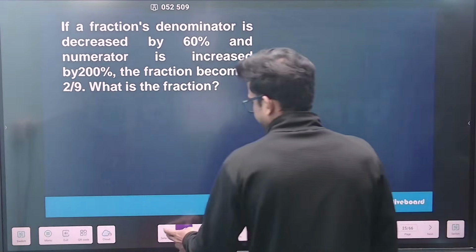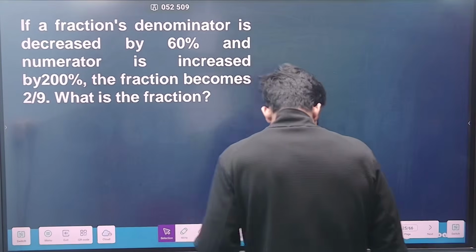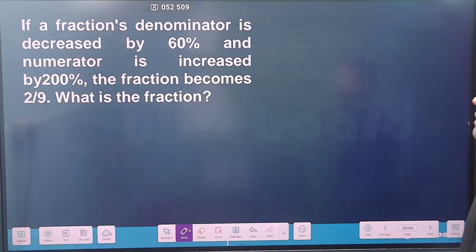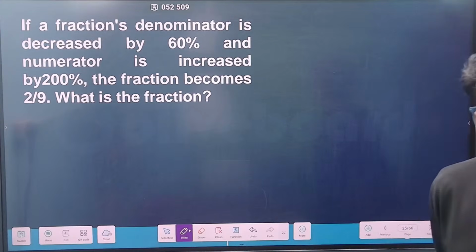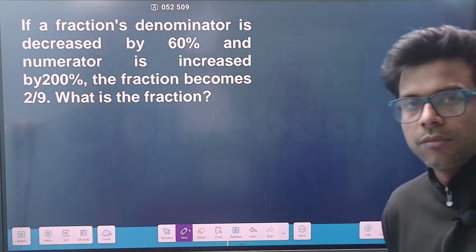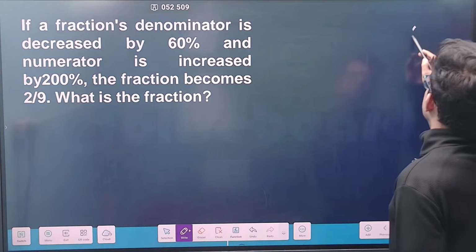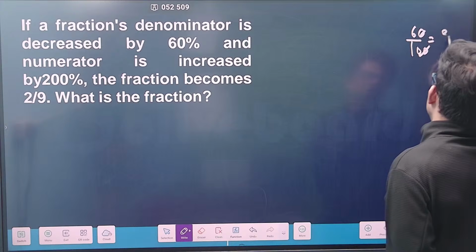Try this. If a fraction's denominator is decreased by 60%, so come on, what is 60%? 60 by 100, which is 3 by 5.